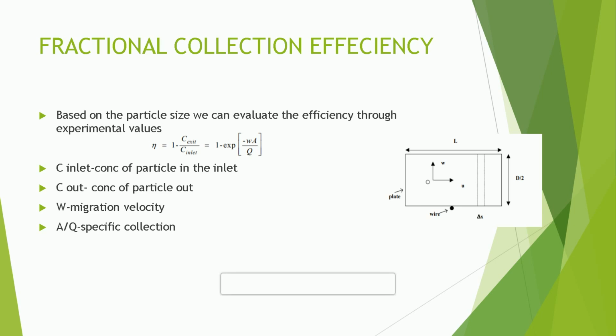Because of this process, the dust removal will be fast and the particles settle down as soon as possible, so the process is much faster and saves time. And A by Q is the specific collection area.